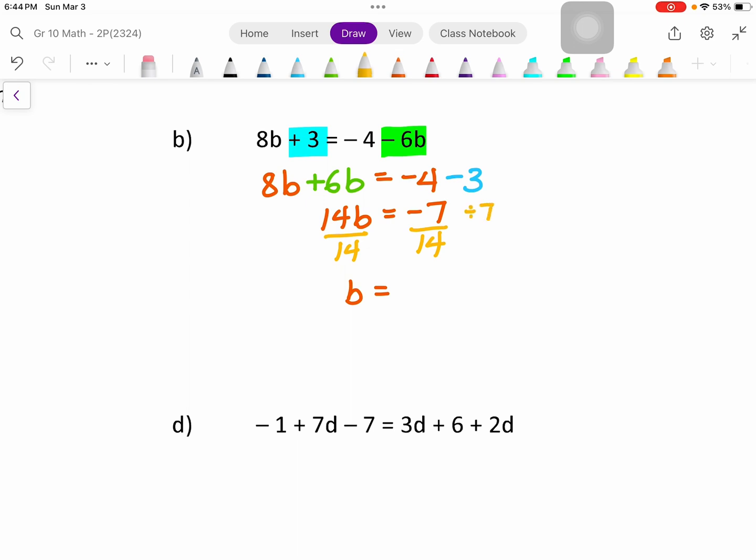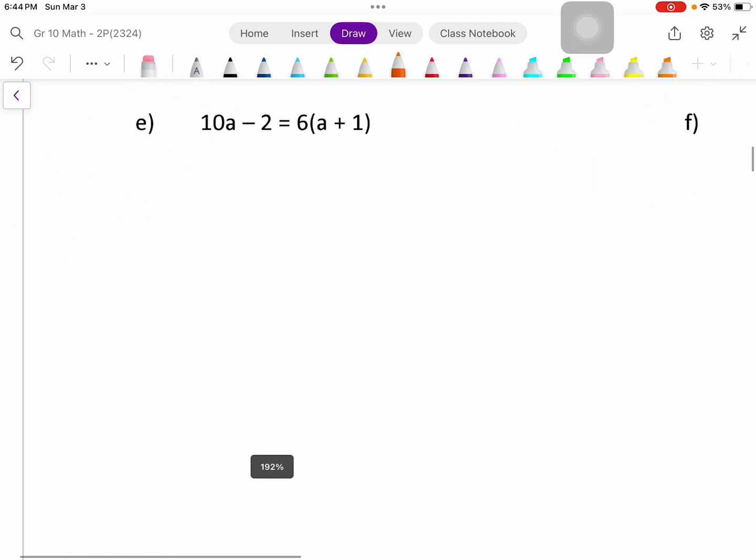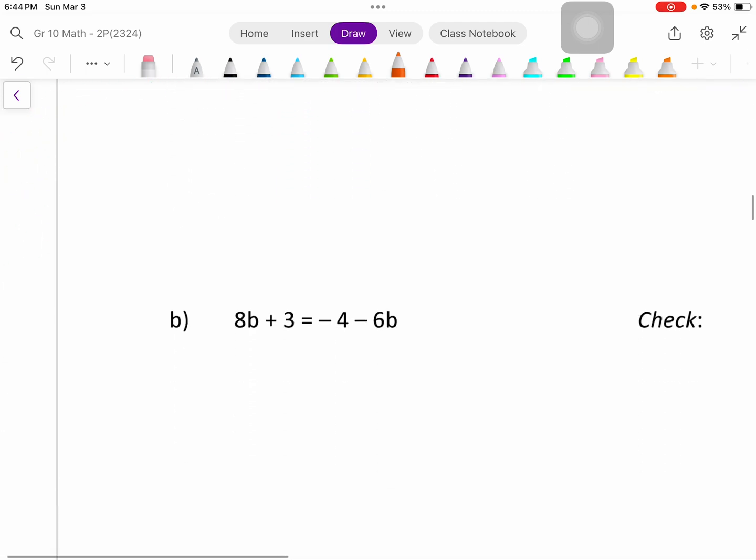Both the 7 and the 14 can get divided by 7. So negative 7 divided by 7 is equal to negative 1, and 14 divided by 7 is equal to 2. So b equals negative 1/2, and once again, I'm just going to quickly write this answer down so I can use it later when I check.